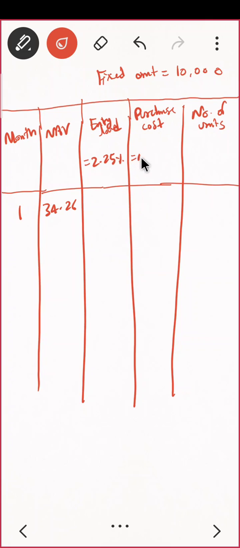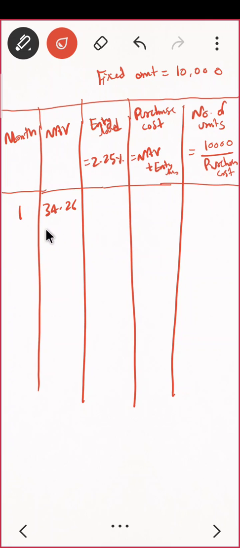It will be NAV plus entry load. And number of units will be 10,000 divided by the total purchase price, whatever you call it.